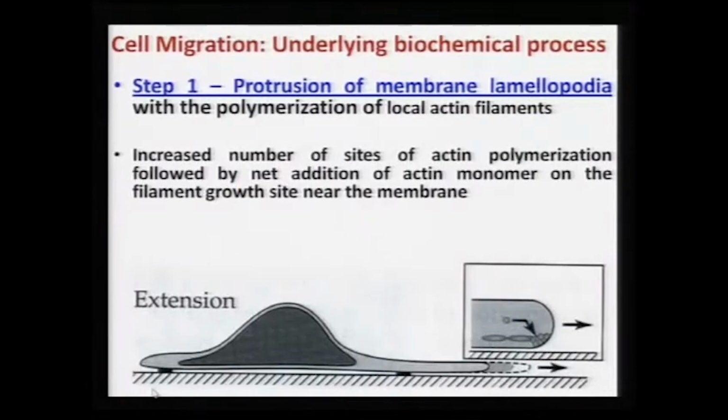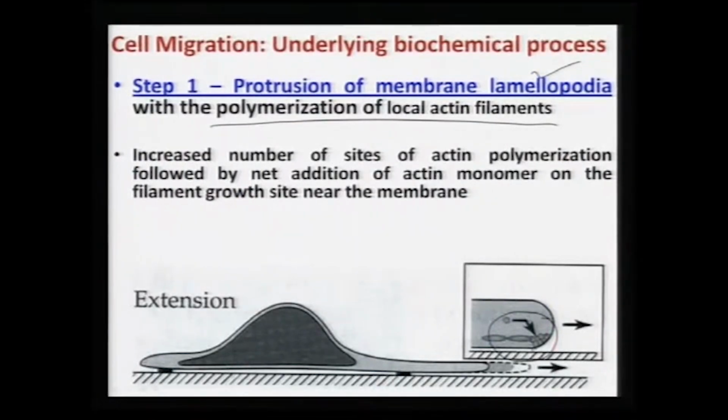This is the more detailed description of individual steps here. Okay. So, step 1 is the protrusion of the membrane lamellipodia, and that is taking place with the polymerization of the local actin filaments. If you notice here, these are monomer units of the actin filament.